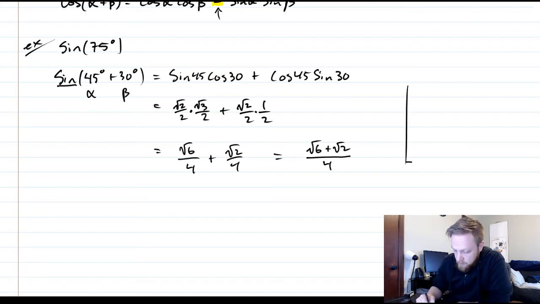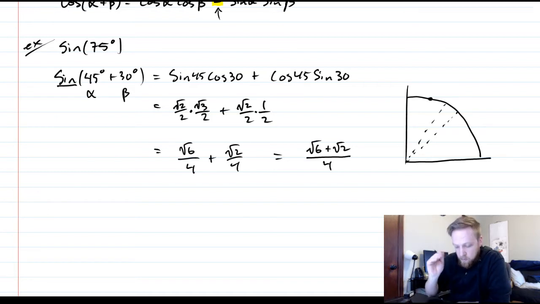To get an idea of what this means, the unit circle looks like this. This would normally be 45, and this would normally be like 60. 75 is right up here. If you were to evaluate this decimal, it would be really close to 1, because as we go this way, our sine is getting closer and closer to 1.